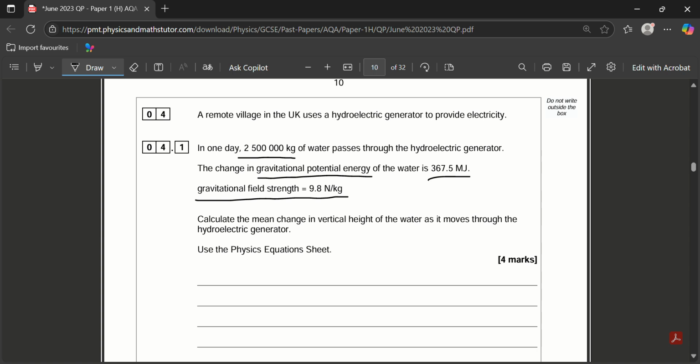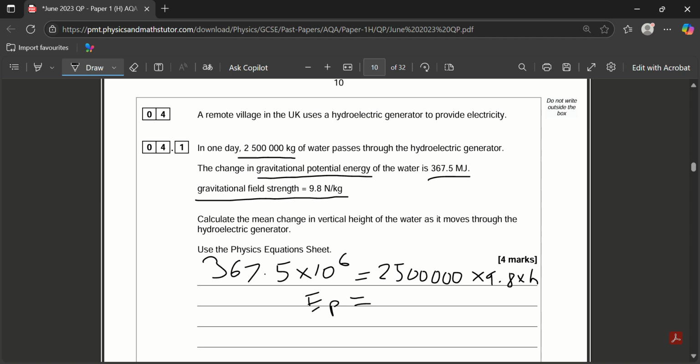And calculate mean change in vertical heights. So we got 367.5 times 10 to the 6 to be equal to 2,500,000 times 9.8 times h.